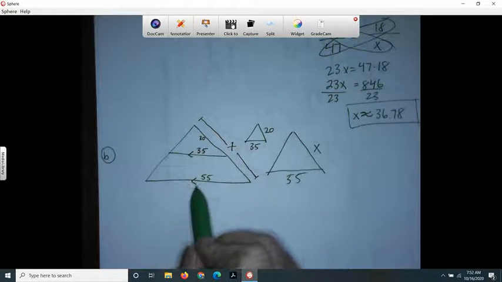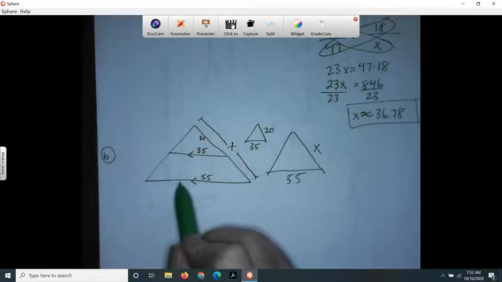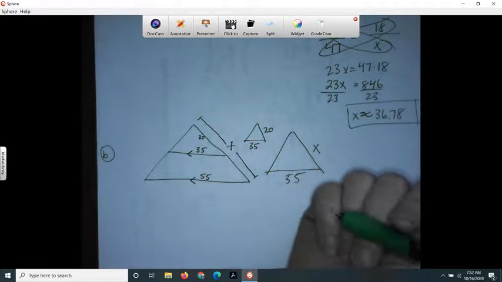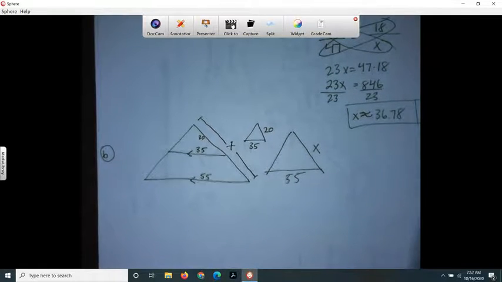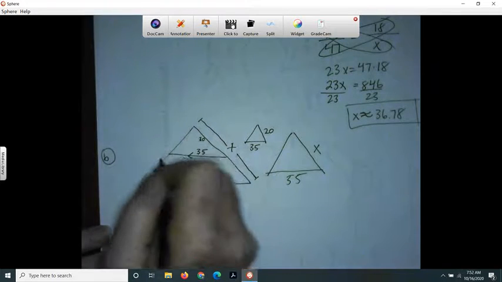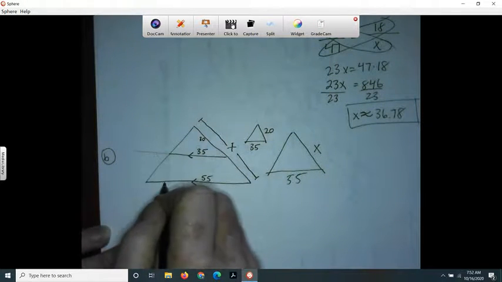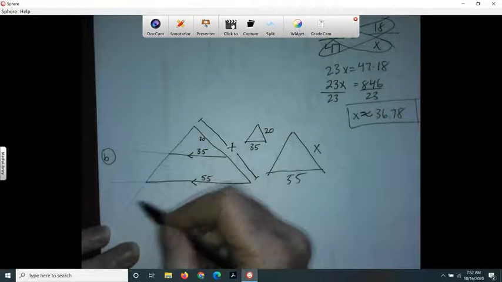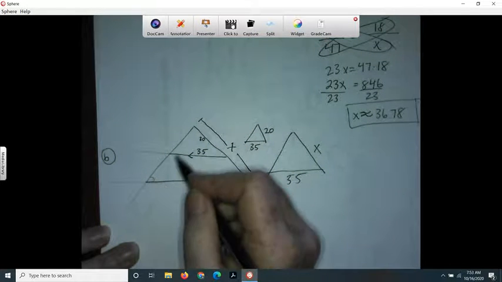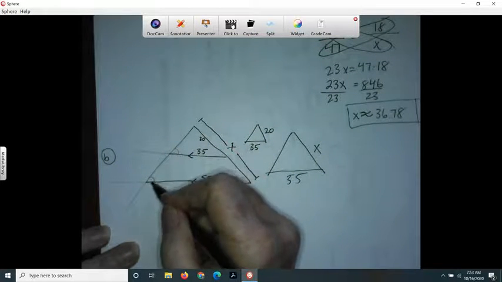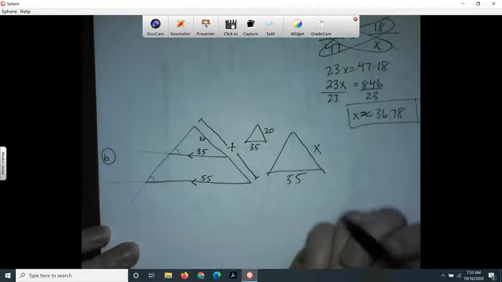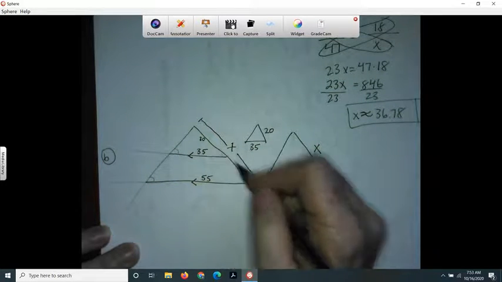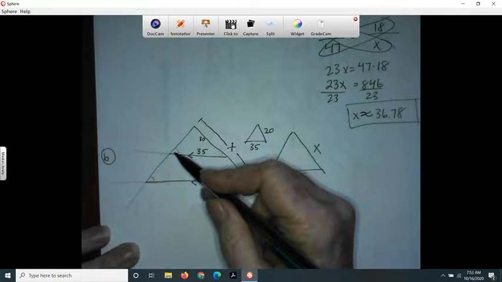You may or may not remember this from Integrated 2 class, but if you have parallel lines cut by a transversal, then these angles here are called corresponding angles, and they're going to be equal. The same thing is going to happen over here. So we've got angle, angle, angle again. So I'm going to write angle, angle, angle similarity.